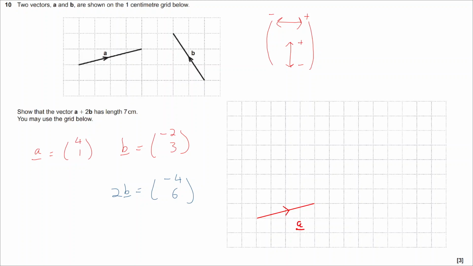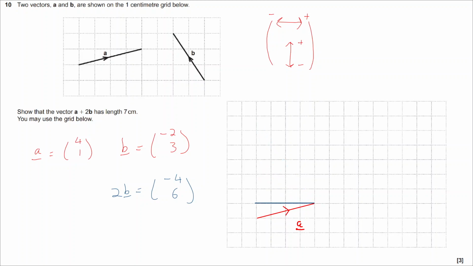Okay, and we're adding on to this vector 2b, which I can connect from the end of vector a. Vector 2b is going across by minus 4. Let's do it in blue. So across by 1, 2, 3, 4, and up by 1, 2, 3, 4, 5, 6, up to here.